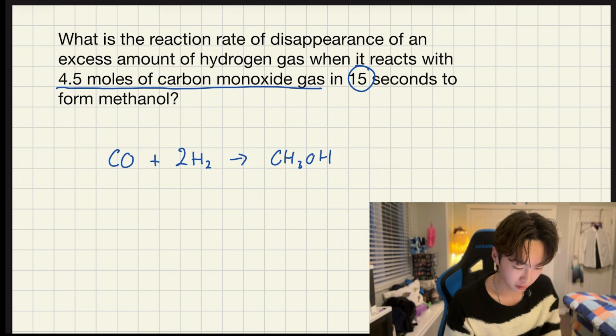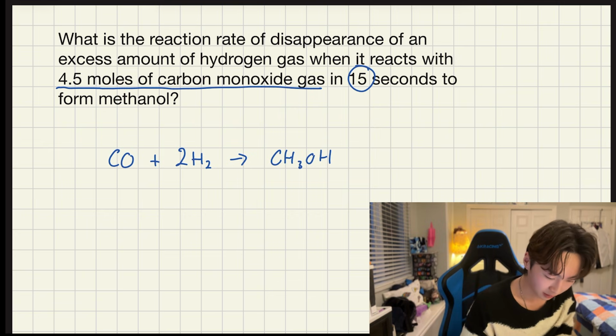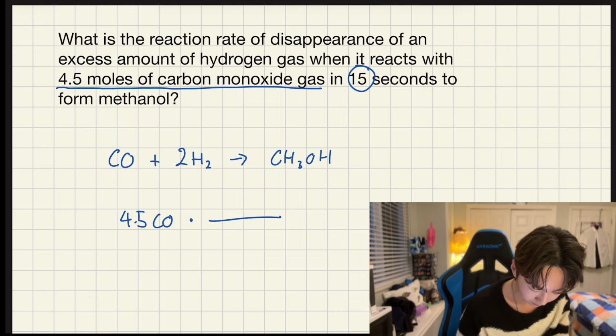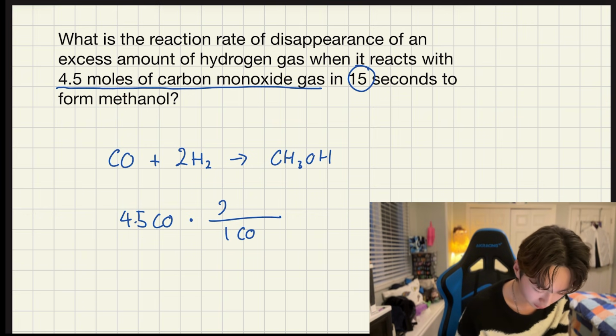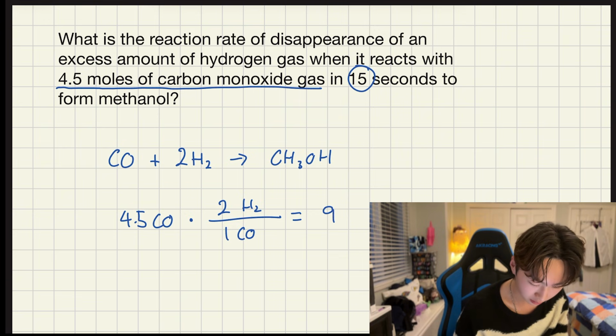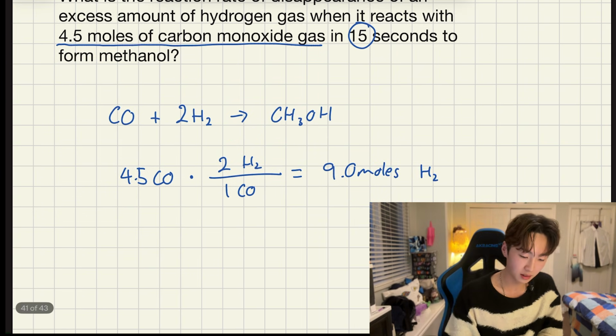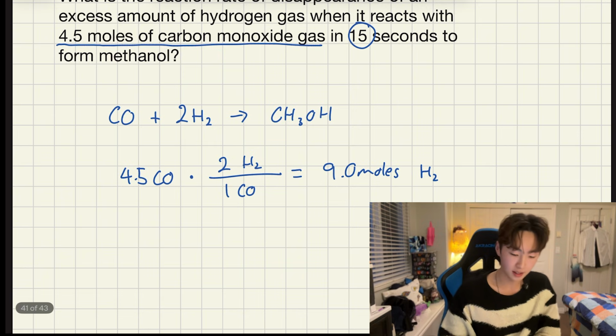So we're just going to do a basic stoichiometry calculation here. We have 4.5 moles of CO, and we're going to multiply it by 1 mole of CO for every 2 moles of H2. So that's going to be equal to 9 moles of hydrogen gas. And we know that this is all happening within 15 seconds.